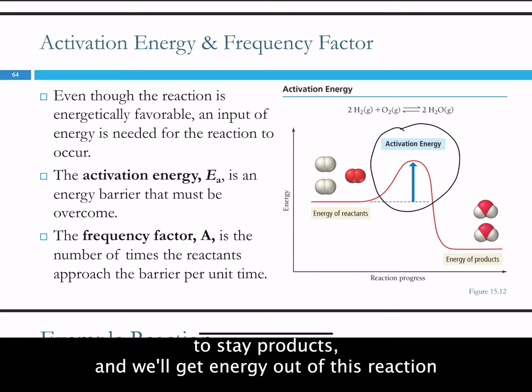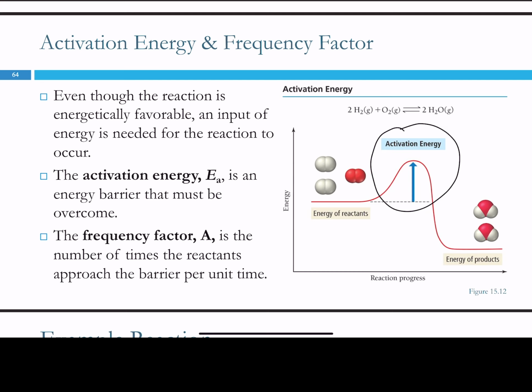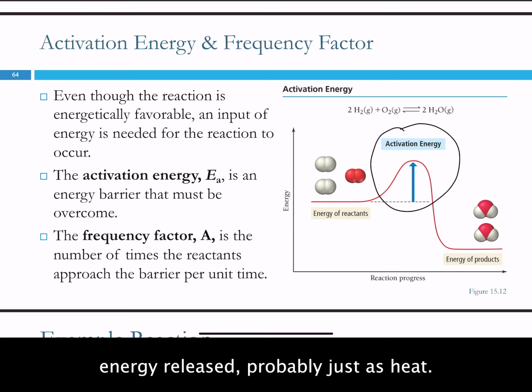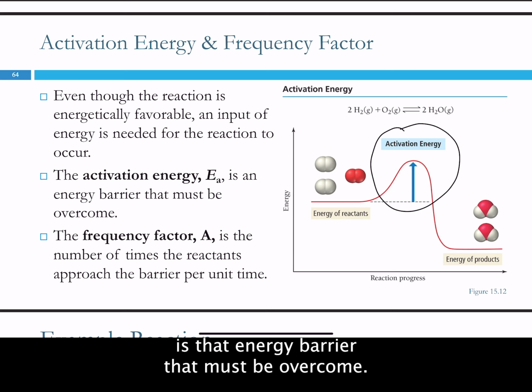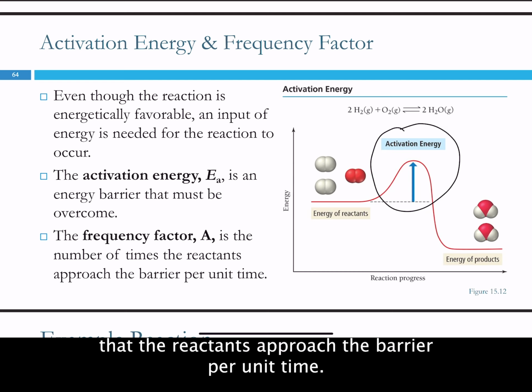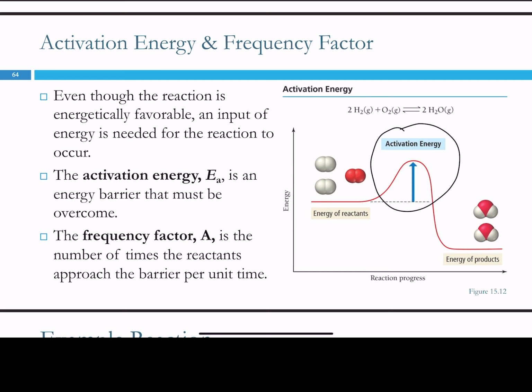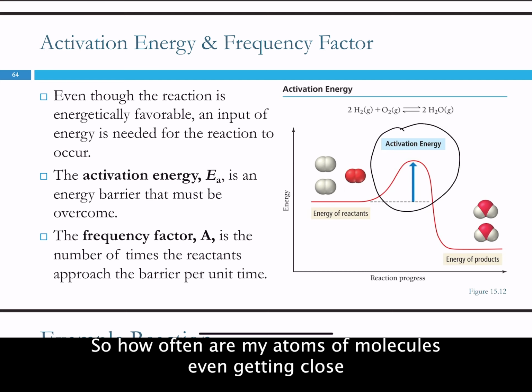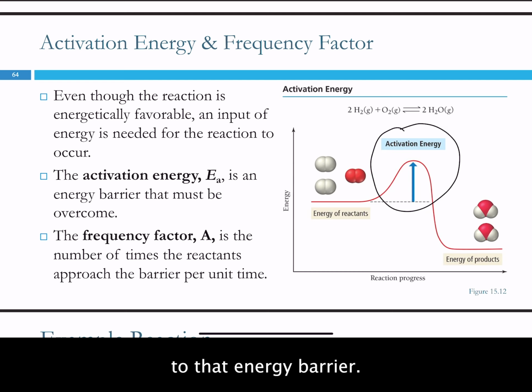And we'll get energy out of this reaction. So you get extra energy released, probably just as heat. So that energy of activation is that energy barrier that must be overcome. The frequency factor A is the number of times that the reactants approach the barrier per unit time. So how often are my atoms and molecules even getting close to that energy barrier?